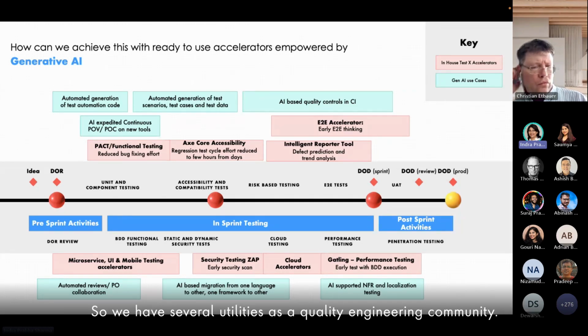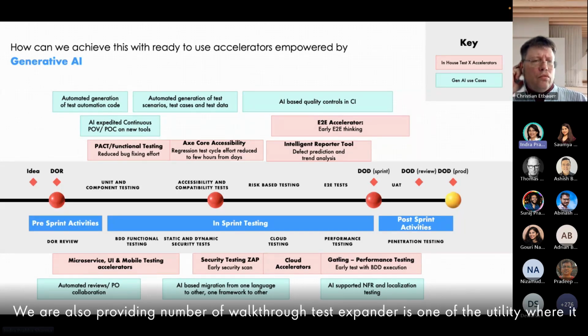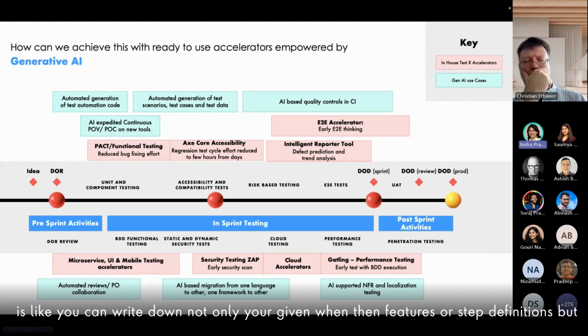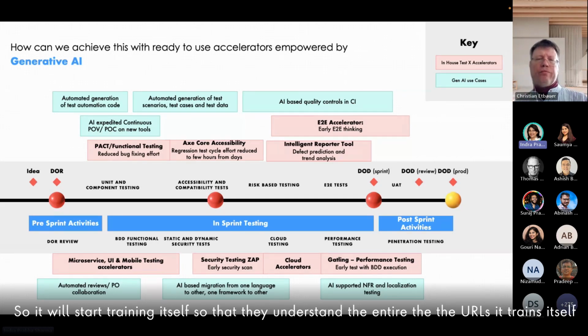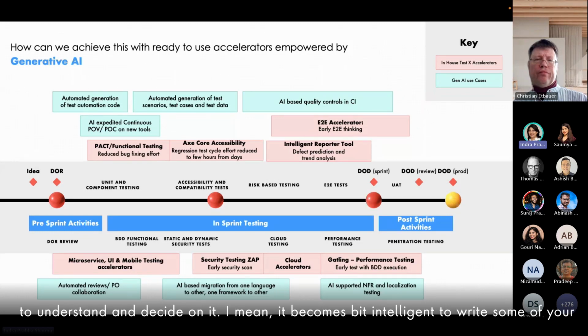So we have several utilities as a quality engineering community, and we are also providing a number of walkthroughs. Test Expander is one of the utilities where you can write not only your given-when-then features or step definitions, but the model can train itself if you are running it on your environment in your project as well. So it will start training itself so that it understands the entire URLs. It trains itself to understand and decide on it. I mean, it becomes a bit intelligent to write some of your test cases.